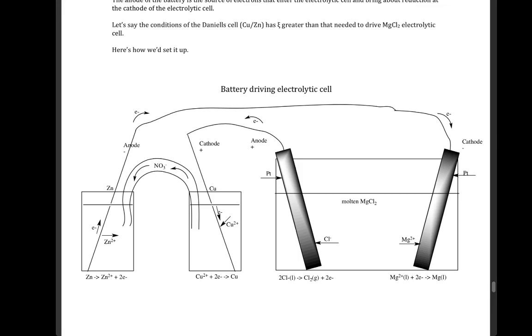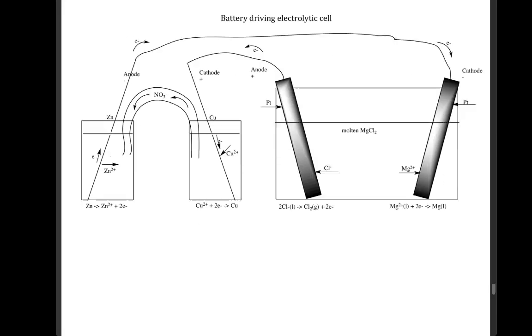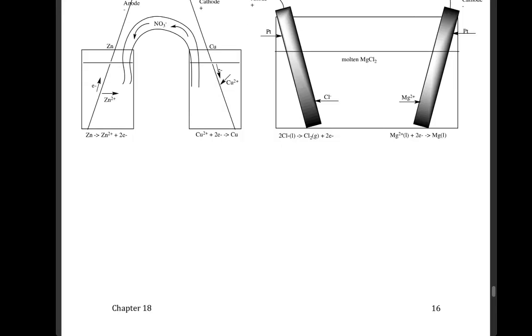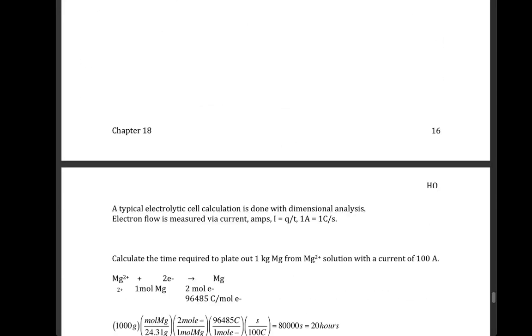The electrons are being forced away from the anode of the electrolytic cell to the battery cathode, and that means that the Cl minus is attracted to the plus of the anode, the electrolytic anode, and we're getting that oxidation half reaction. So definitely take a good look at that diagram so that it makes sense to you.